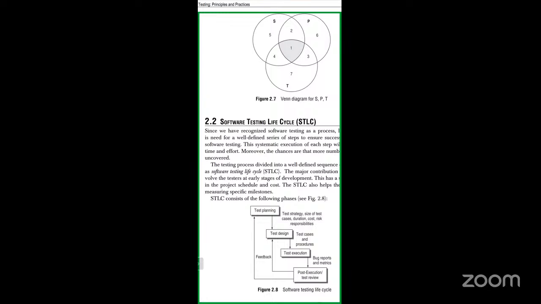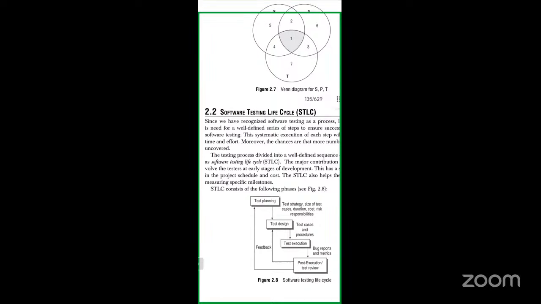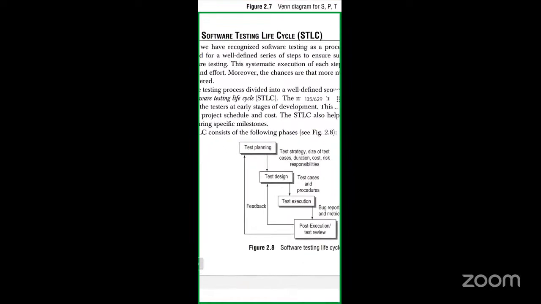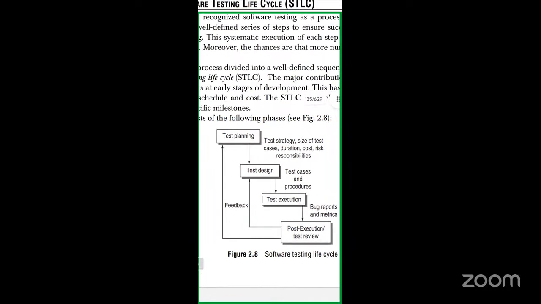Here the STLC has various phases. We basically have four different phases, called test planning, test design, test execution, and test review. In the first phase, we are going to go for the test strategy.